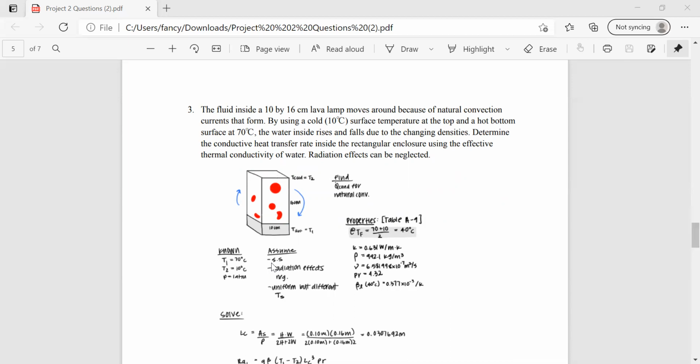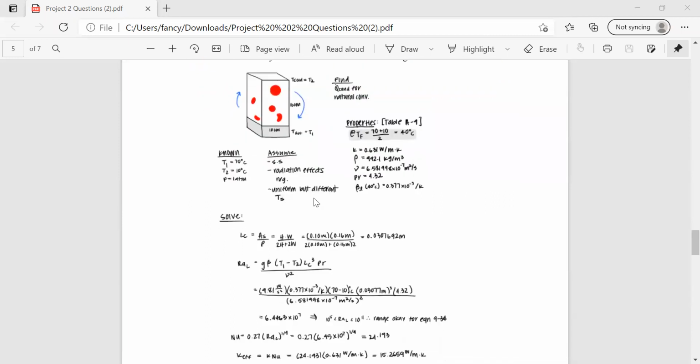If we assume that this fluid is mostly water, or if we look at just the water, then we can find the heat transfer rate for conduction using this natural convection current, because we can model this convective process as conductive using a certain thermal conductivity. And so you use the film temperature for properties. We can also assume that the radiation effects are negligible and the surface temperatures are uniform.